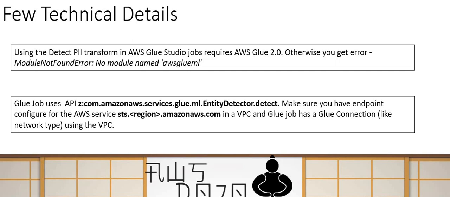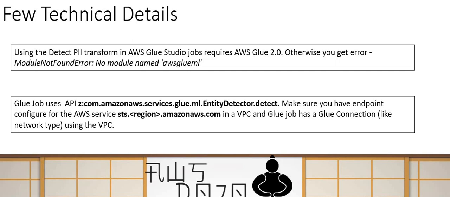Since Glue is serverless, it cannot call outside, so you have to create a Glue connection of network type into a VPC, and that VPC can have an endpoint configured for the STS service.